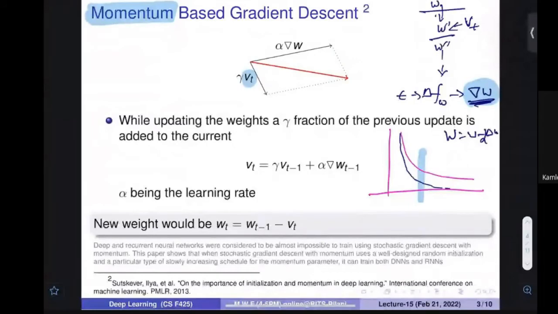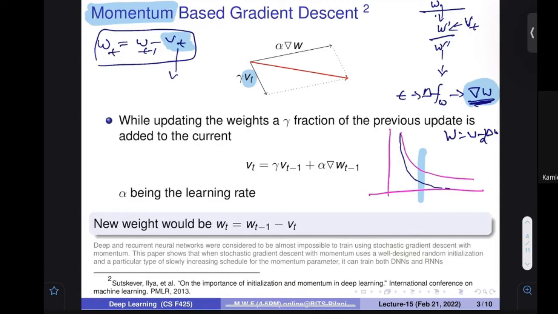Let's assume that in the previous step I updated with the value vt, meaning the w was actually w minus vt. This is how it has been changed. Let's assume w t minus 1 was whatever value was there, and this is how we have updated. In this formula, what is this quantity?